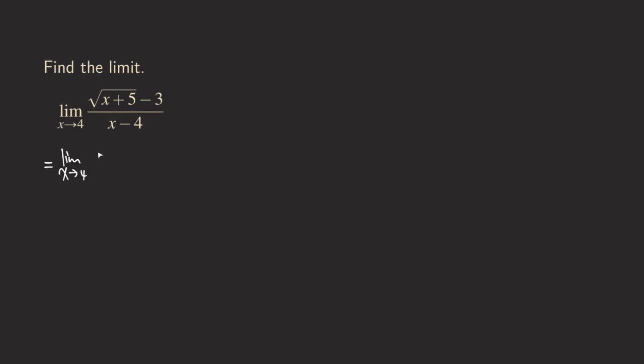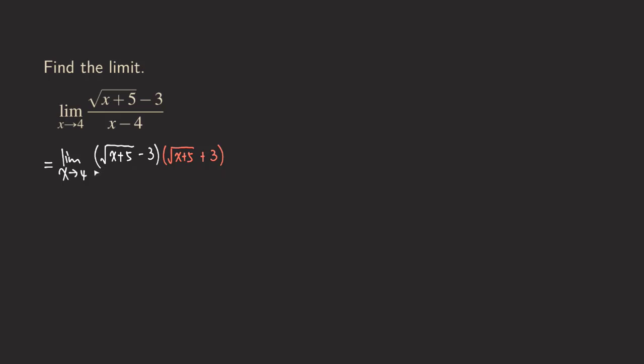The first way is that we are going to just take the numerator, and then we multiply the numerator by the conjugate of the numerator, which is the square root of x plus 5, and then now we change the sign in the middle, so it becomes plus, and then we have the 3 here. So this expression here is the conjugate of our original numerator.